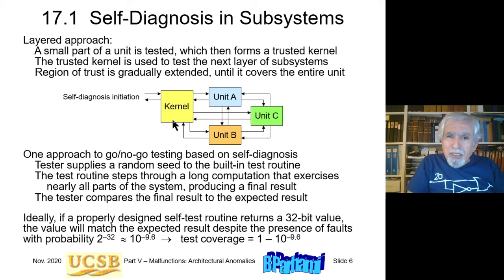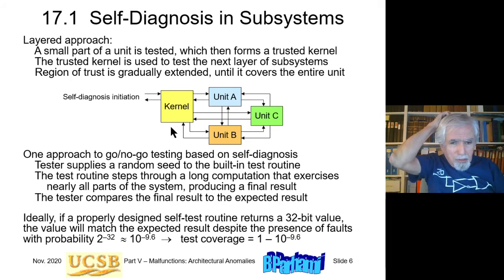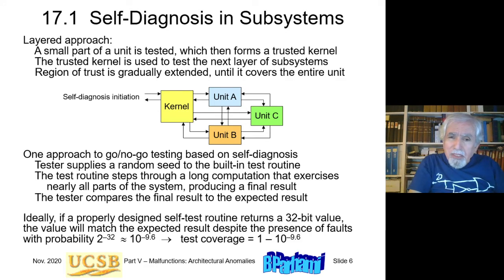So an example of this, the kernel may be the main part of the processor, let's say the instruction execution unit, and some basic parts of the ALU. Once that part is tested, we can probably use the rest of the ALU, any coprocessor that we have, any memory units, any disk drives, and so on.